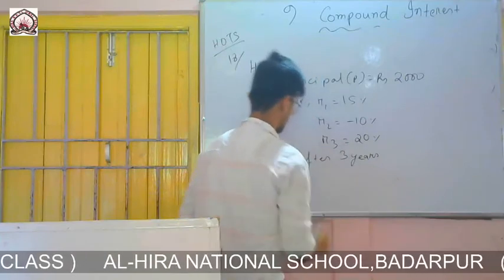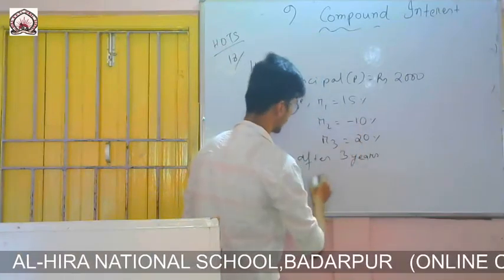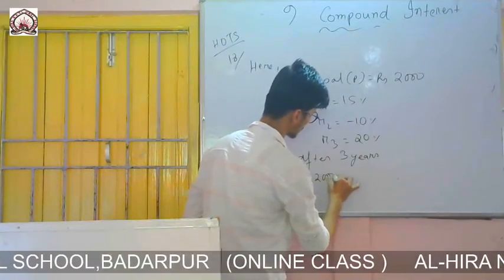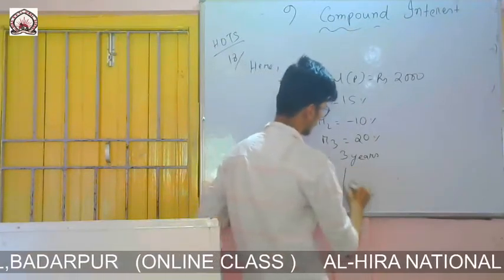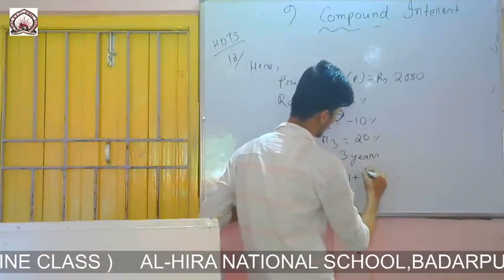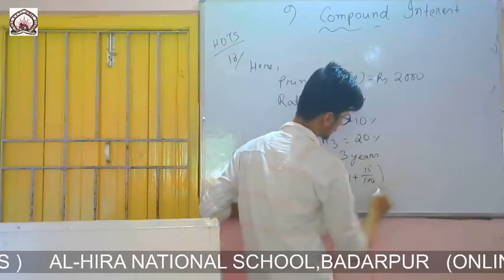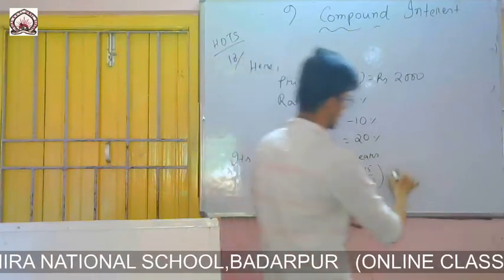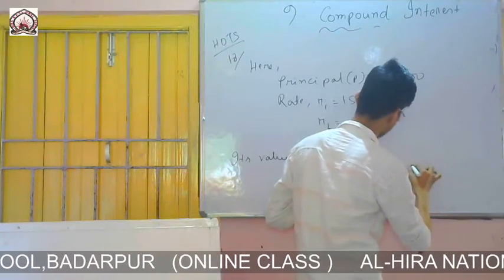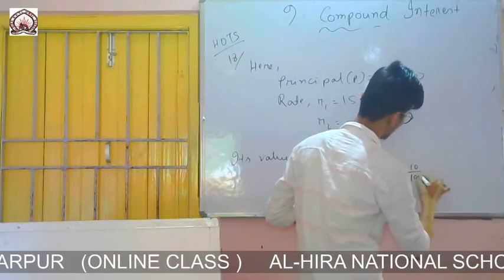So directly I am writing using the formula. Here its principal is 20,000, so rupees 20,000, this is the principal. So for the first one it will be 1 plus R by 100, because in this case there was a profit. In the next one the rate is negative, so 1 minus R by 100, 10 by 100.